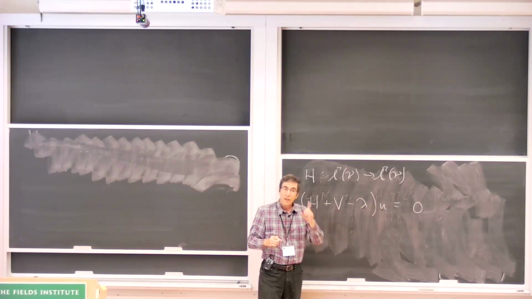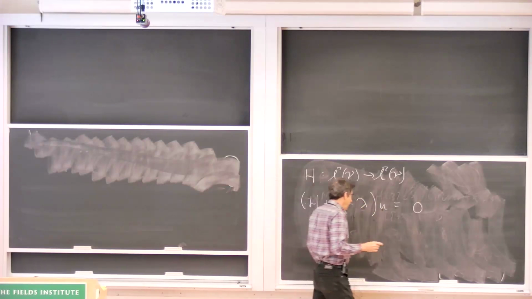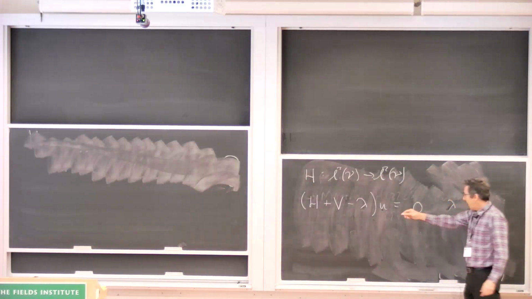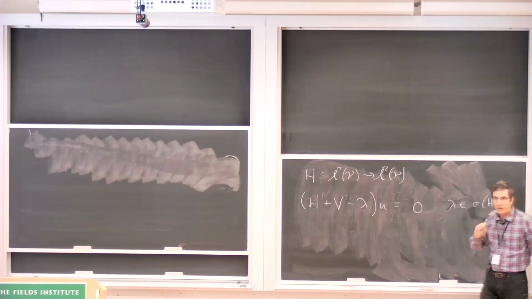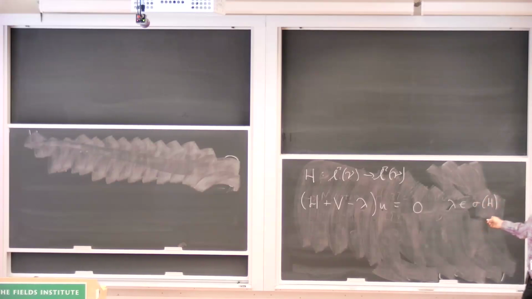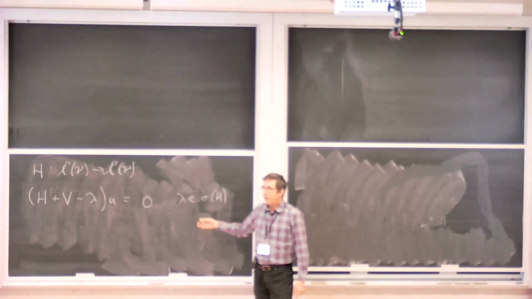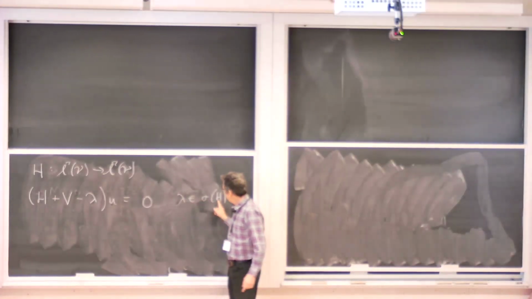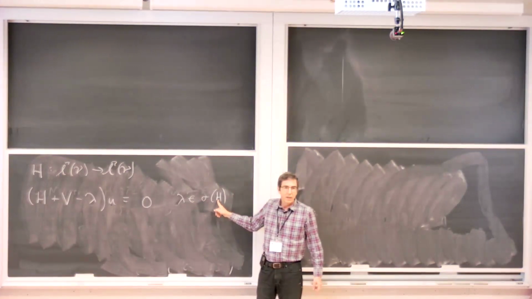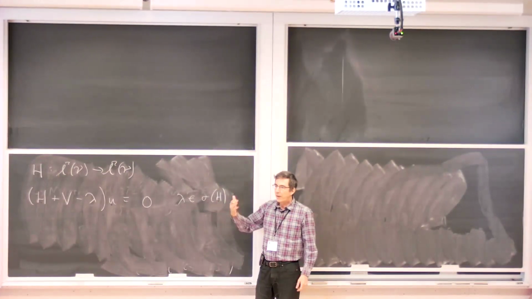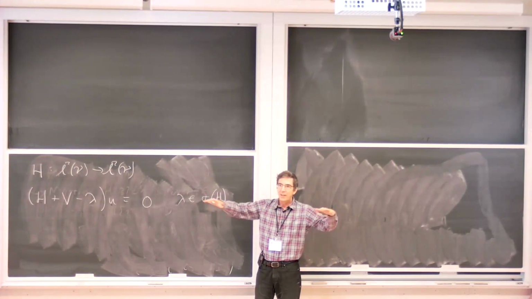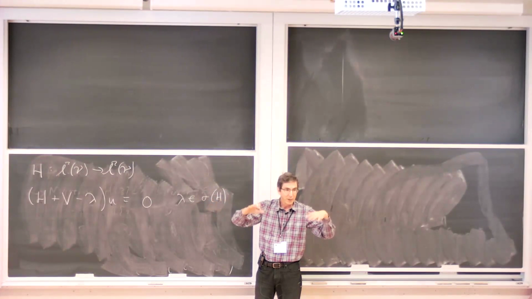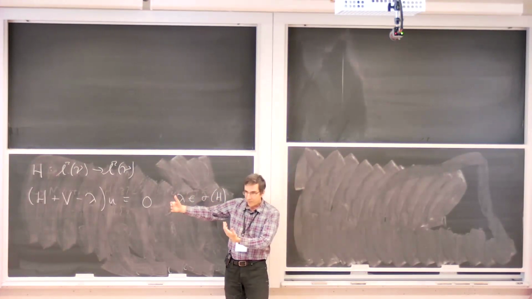These are produced by local defects. What's the interesting problem now is whether you can produce bound states when lambda is actually in the spectrum of the operator. This is supposed to be physically not common. The reason is that the spectrum of H, you can think of in loose terms, sometimes people call it the radiation spectrum, because it's where you have Bloch states, and the Bloch states are thought of as being radiation.